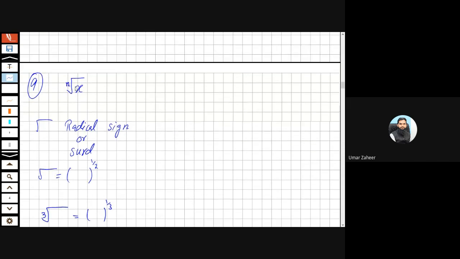So the rule is, if you have any number here, it will be x raised to the power 1 by n. Clear? It is written in the radical form, and now it is in the index form.